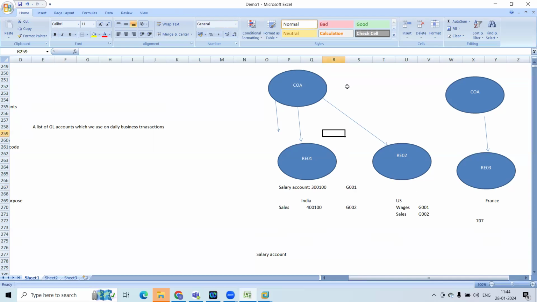While consolidating together, instead of salary and wages, you will put G001. It will give your total amount of the salaries account at chart of accounts level, for both US and India. Is it clear?